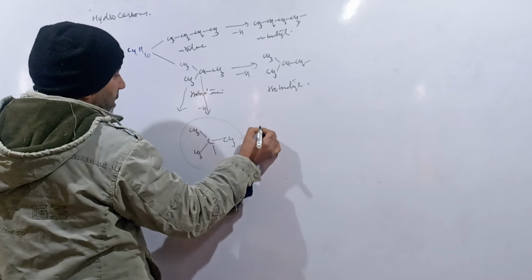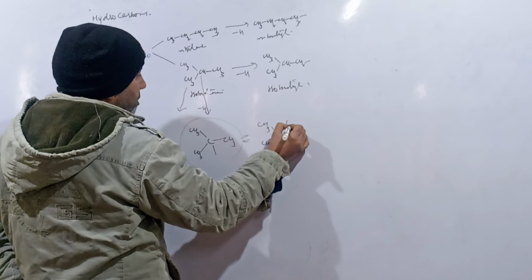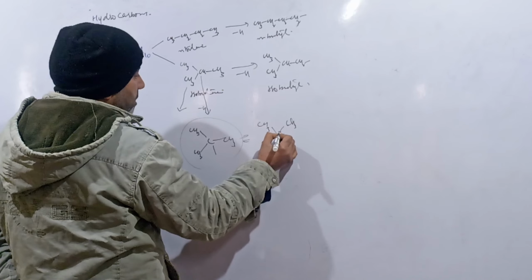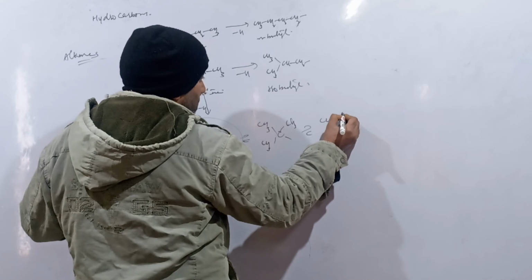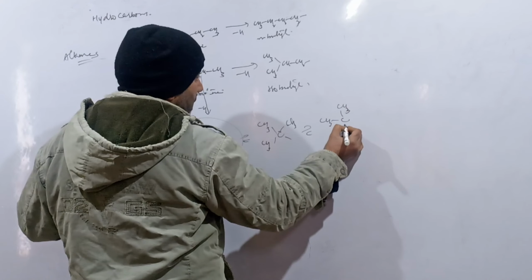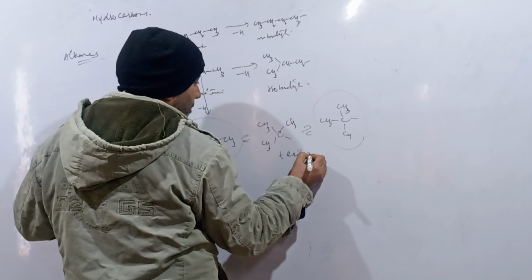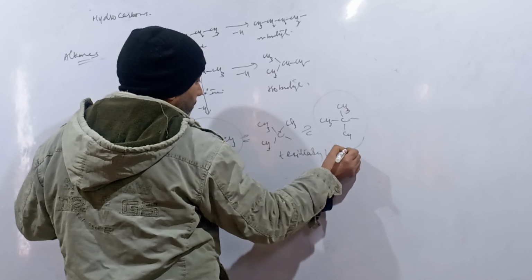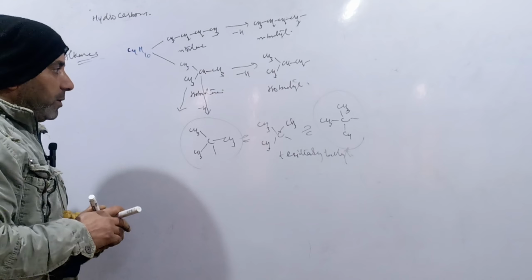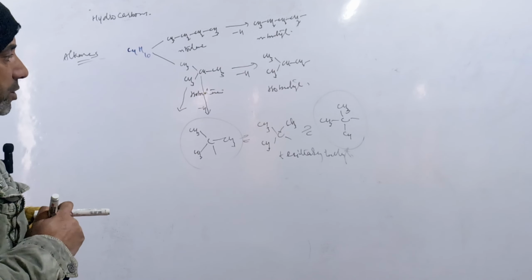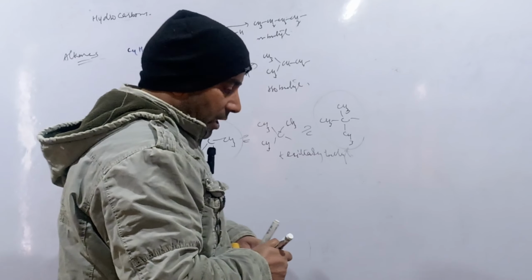We can draw it this way, CH3, C, CH3, and CH3, and this will be called t-butyl or tertiary butyl. Tertiary butyl means the carbon atom has no hydrogen atoms and is attached to three alkyl groups, CH3, CH3, and CH3.